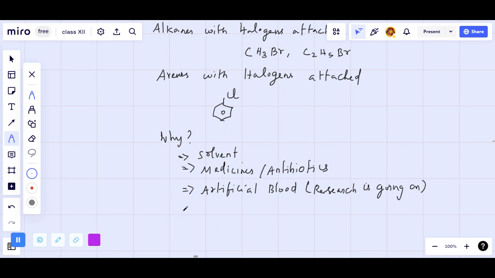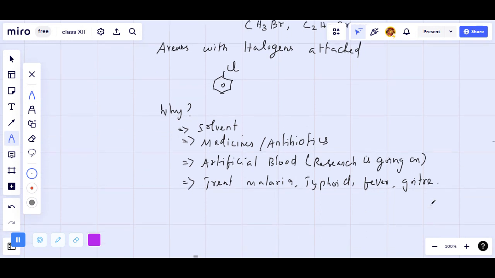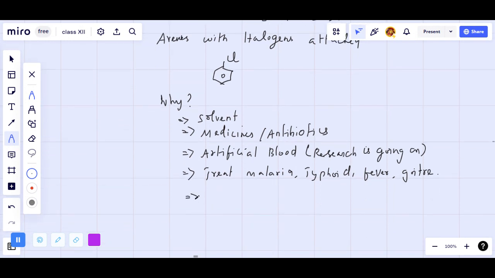Then it is also used to treat malaria, typhoid fever, and gout. Also, for deficiency of iodine, goiter, and it is used as anesthesia.